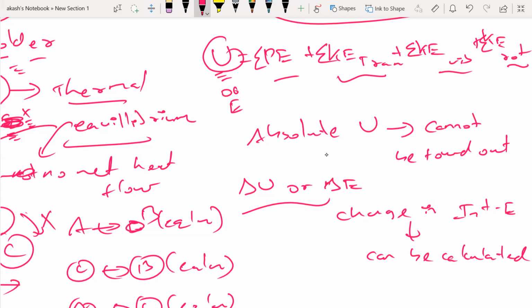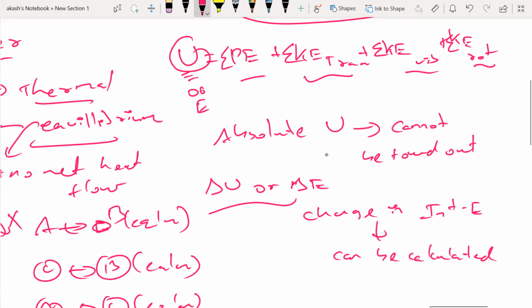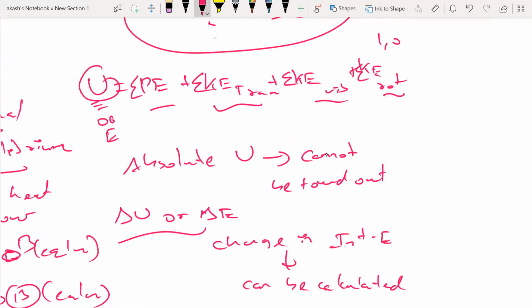Okay, go on. Sir, could you tell me why absolute U cannot be found? Yeah, it's very much understood. Assume that I have some 1 lakh molecules. For each and every molecule I have to calculate potential energy. And first I have to understand whether it is going to undergo translational, rotational, or vibrational motion, or all three, or only two.